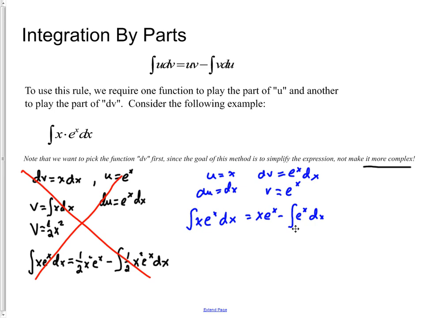Now that's a much simpler integral, because that becomes x times e to the x minus the antiderivative of e to the x, which is just itself, e to the x, plus a constant. And this is much simpler. We get rid of the integral right away instead of complicating matters with squares and other things like that. And that's a lot of the trick in using this rule. How do we actually find which one we want to give as u and which one we want to give as dv when we start?